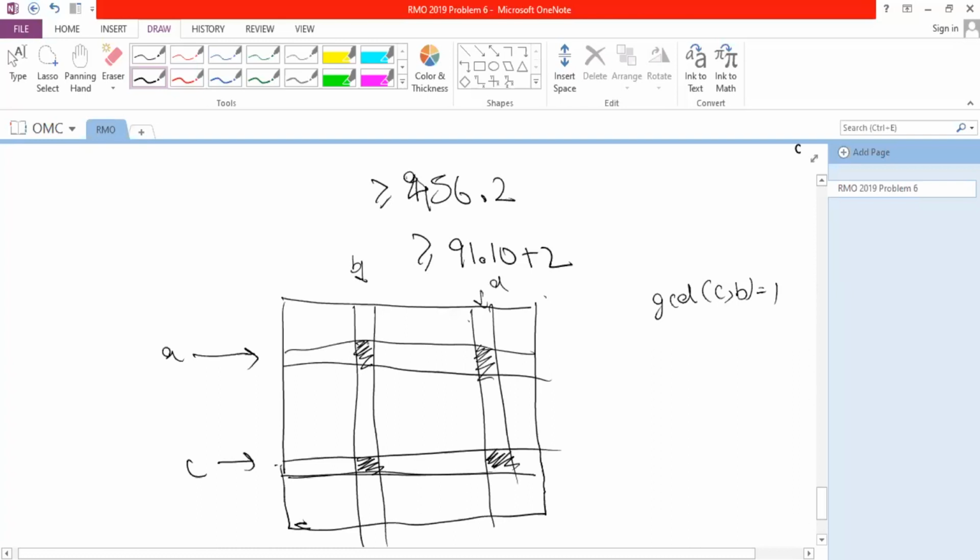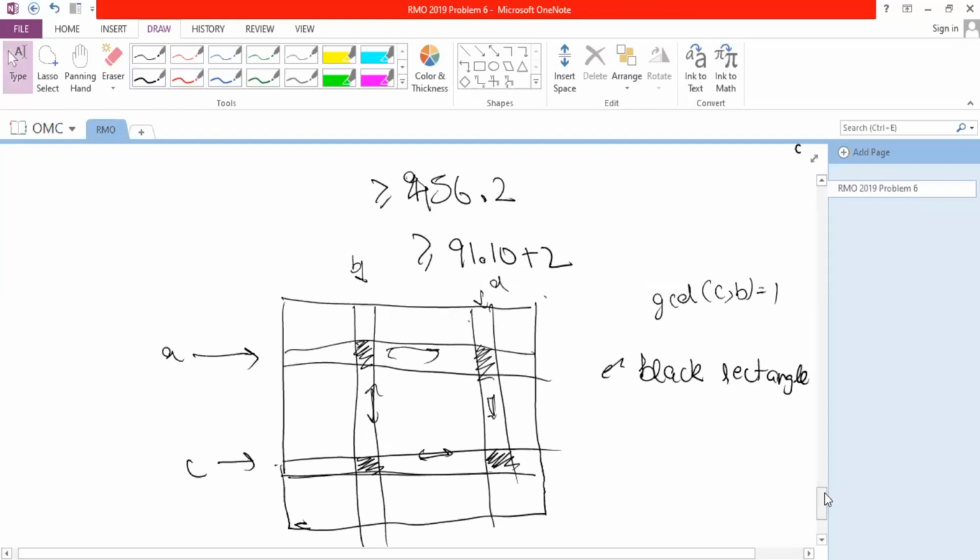So if we can find some structure like this, which looks like a rectangle, because these cells are in the same row and these cells are in the same column, and same as these, this looks like a rectangle with black vertices. So call such a thing a black rectangle. If we can find a black rectangle, we are certain to find the condition that we want. That is, we can prove the problem.